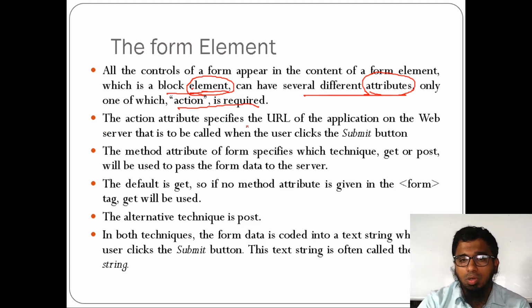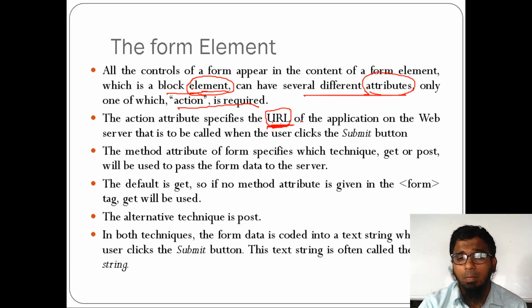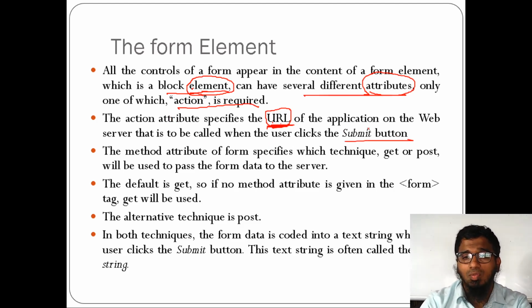Then the action attribute specifies the URL. What is the full form of URL? Uniform Resource Locator. It will locate the address of where your application, your website, your file is. The action attribute specifies the URL of the application on the web server that is to be called when the user clicks the submit button.